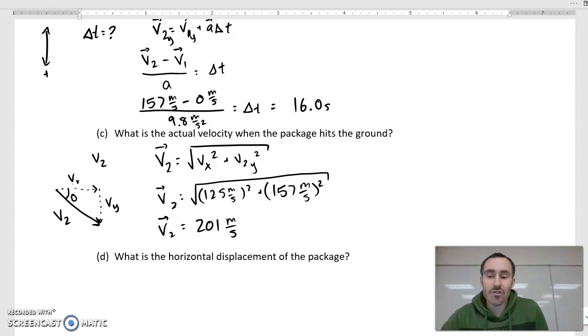And I like drawing my triangles like this, drawing the horizontal velocity first and then the vertical velocity, because expressing the direction of that final vector is just easier that way. We can call it below horizontal. Okay, you could also say above vertical.